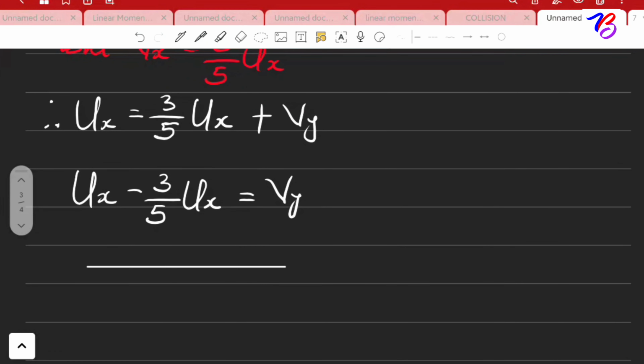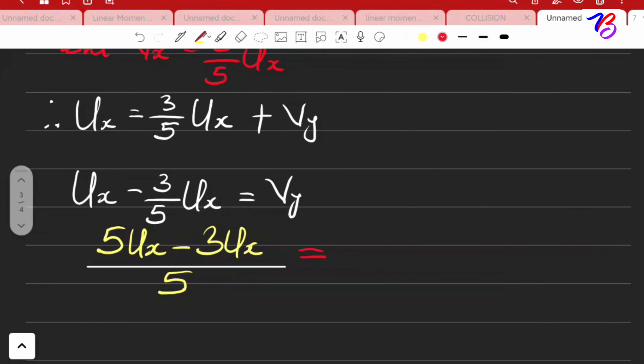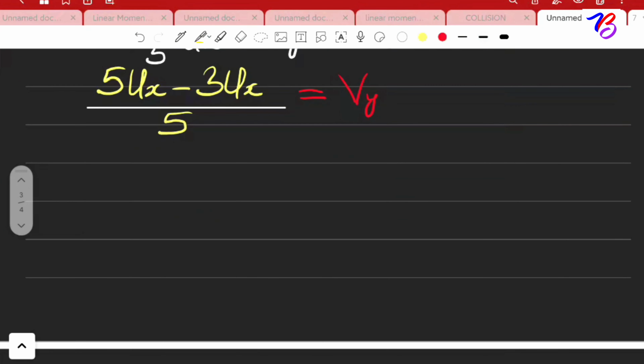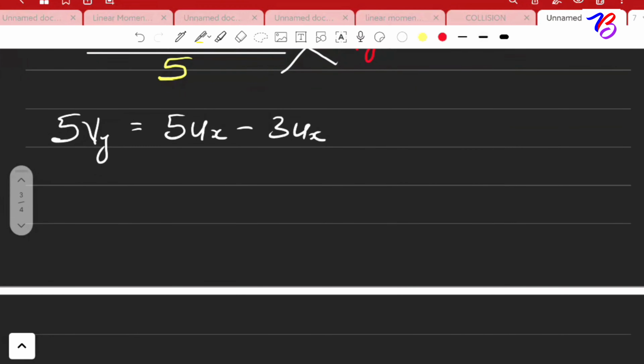What's our LCM? 5. So 5ux minus 3ux over 5 is equal to v of y. Cross multiplying, we have 5vy is equal to 5ux minus 3ux, so 5vy will equal 2u of x.